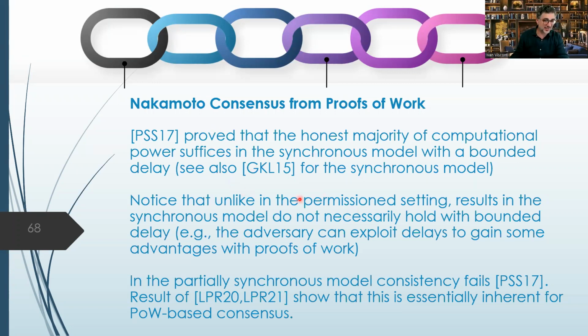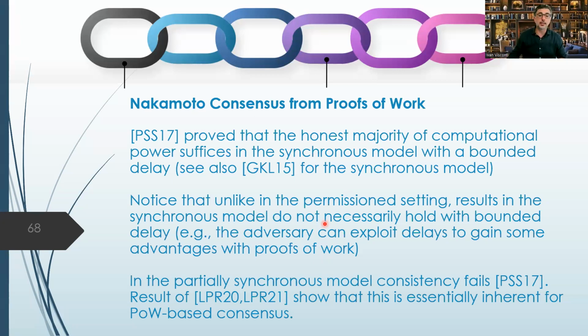So the positive results are in the synchronous model, where even in the permissionless setting with the less strong protocol, as I mentioned, you get just majority there, right? So the same here, you get majority in the synchronous, and in the more realistic synchronous with bounded delay. But already with partial synchrony, you cannot have an adversary with just 49%, but even with less, you cannot.